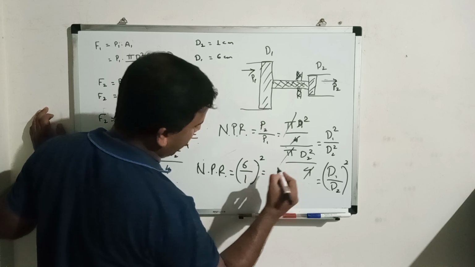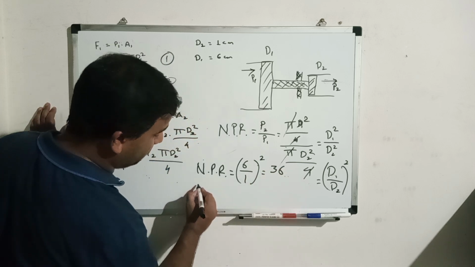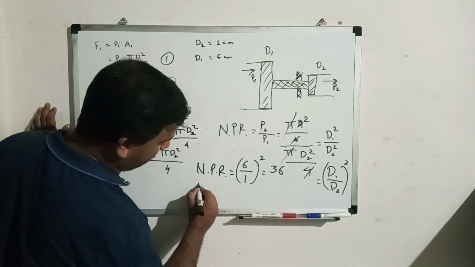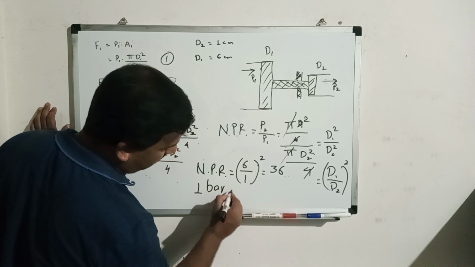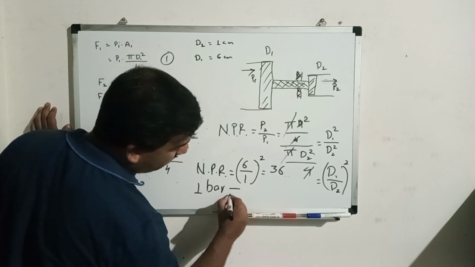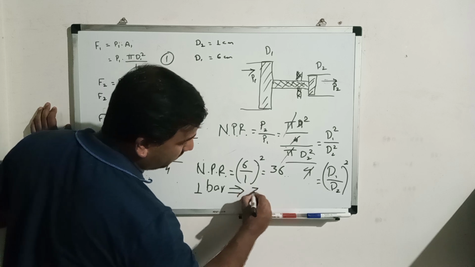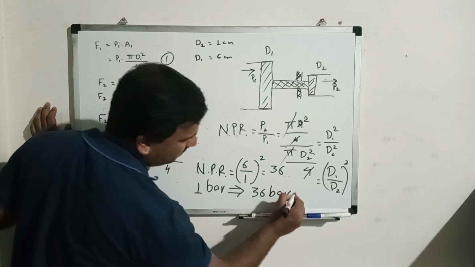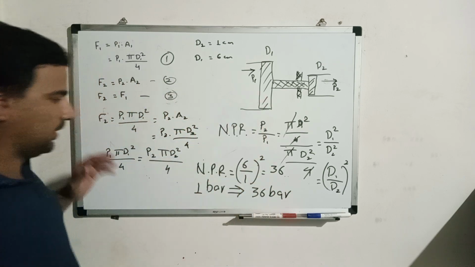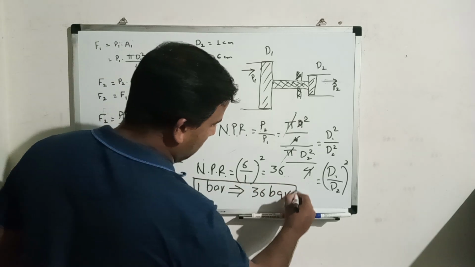This is simple mathematics, that is equal to 36. It simply means if the operating air pressure is 1 bar, this will be transformed to a pressure of 36 bar on the driven fluid. You can consider this as water or maybe any other gas even can be handled using this. In that case, it will be called a compressor.